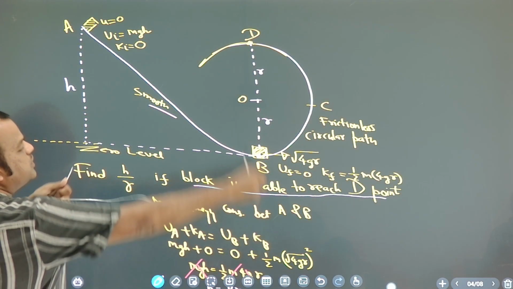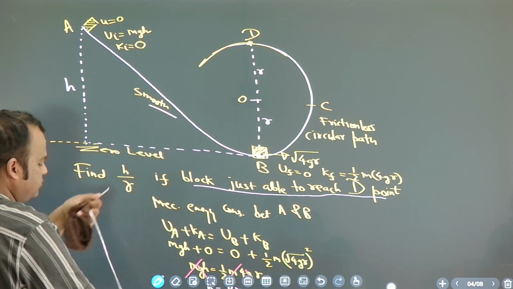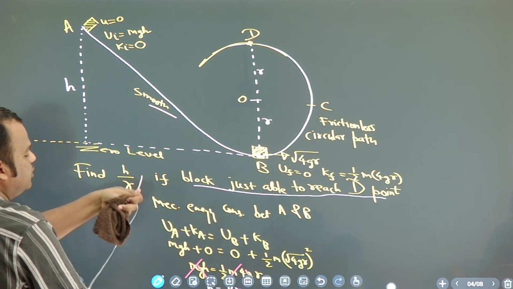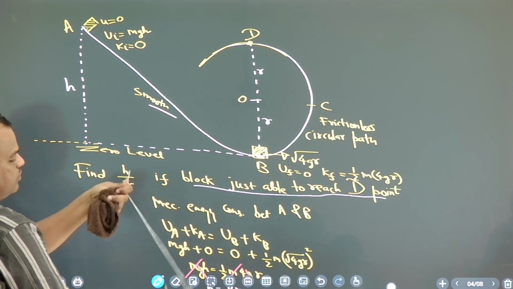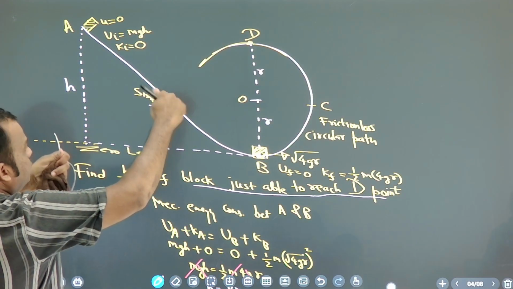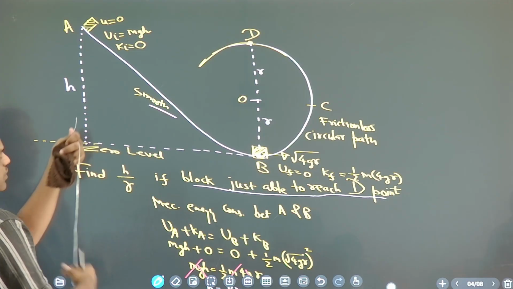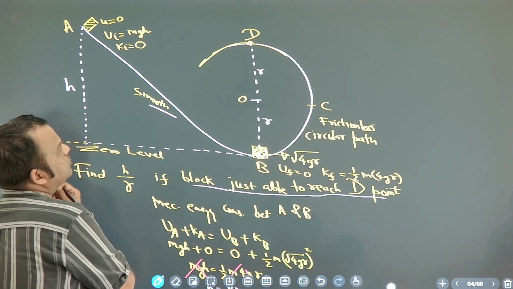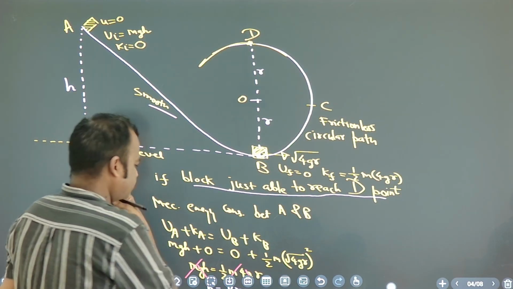Topmost point velocity 0, then coming down. So this is the answer.